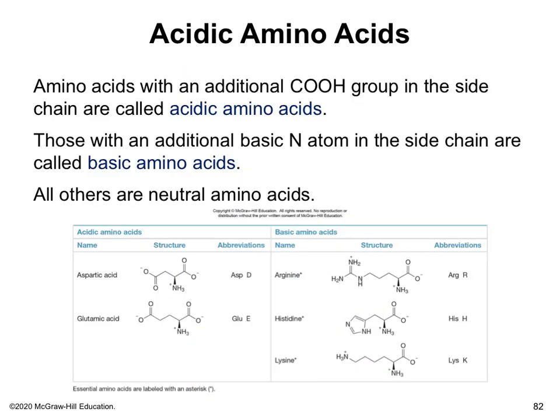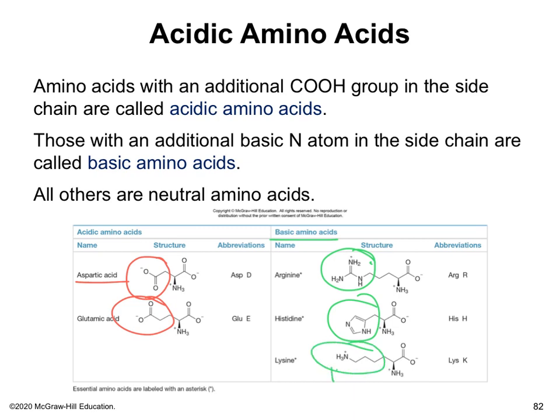So for your acidic amino acids, you have two. They have carboxylic acid functionality, aspartic acid and glutamic acid. And then you have three basic amino acids. You have arginine, histidine, and lysine. You see lysine is a primary amine there.